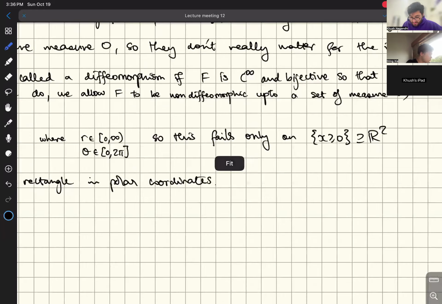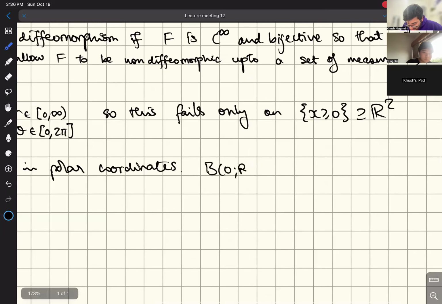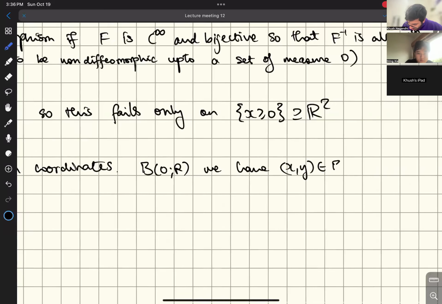How do I see this? Say I have the ball of radius capital R. We have (x, y) in this ball if and only if x squared plus y squared is less than or equal to R squared.